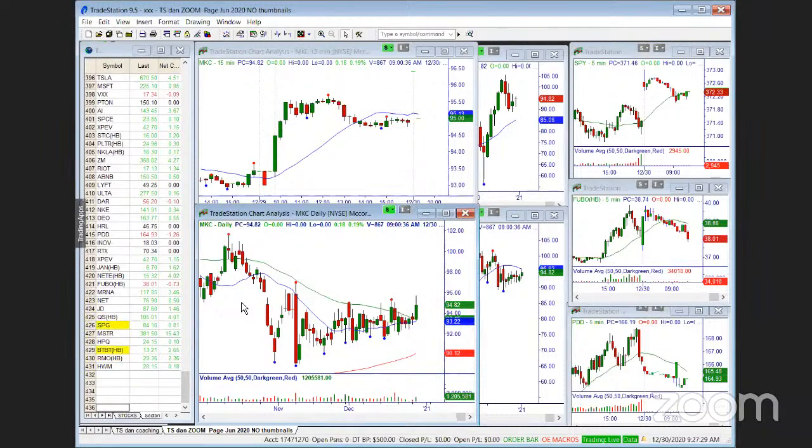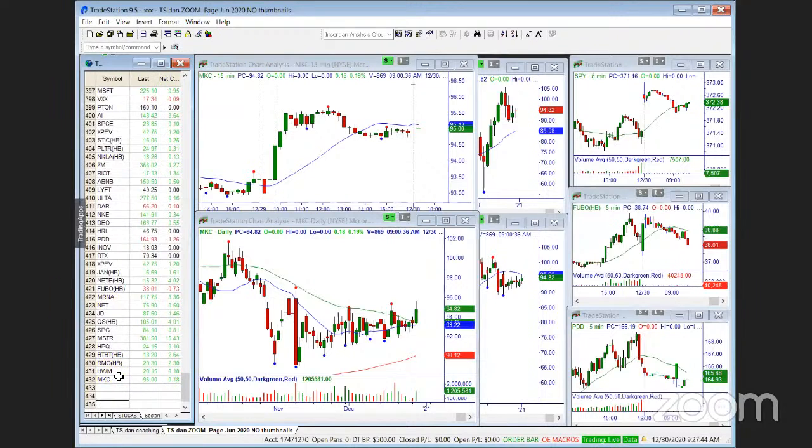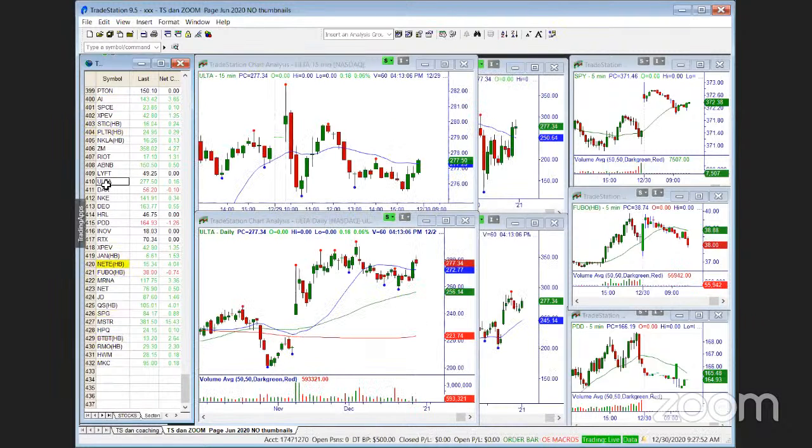It's a sloppy bottoming pattern, kind of a triangle thing, but you got the MAs curling. More of a put spread candidate. Let's see if we can get any juice on that. I have a number of put spread candidates in here. John, yeah, Alta I have on my list up here. It's a long watch.